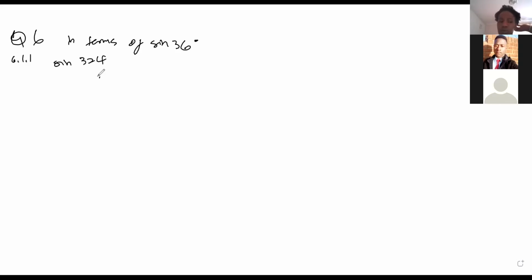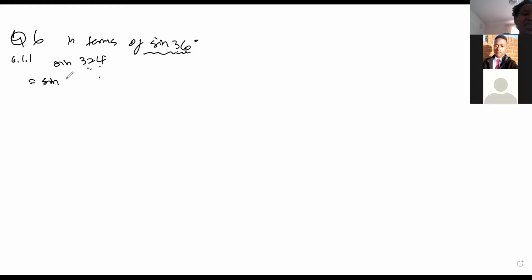Remember earlier when I was doing the theory on trig, you need to try to write everything in terms of the special angles, or in terms of what is given. This time they want you to write this in terms of sine 36. So we have to try to change this to have 36.